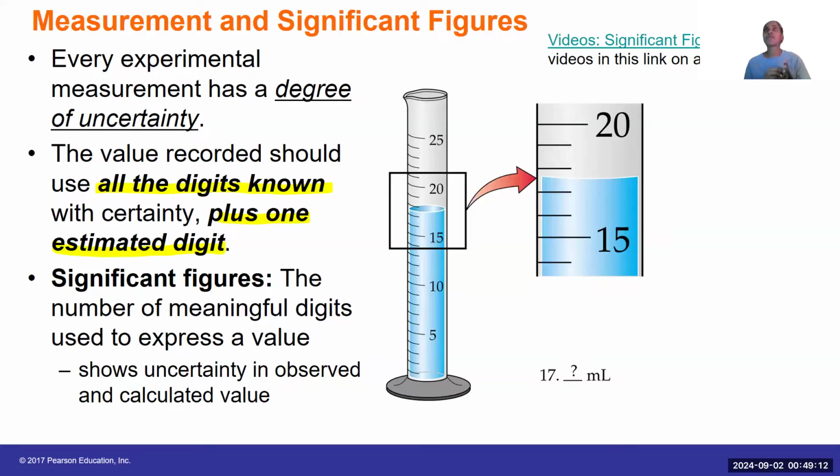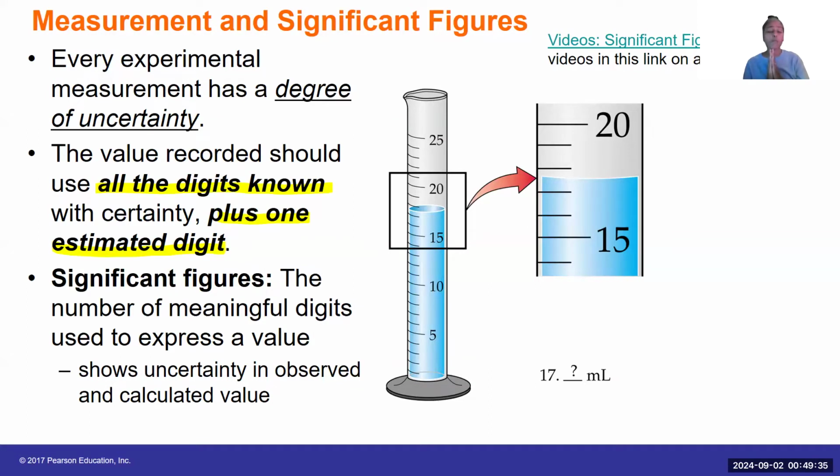So anytime you see a value in a problem that has a unit next to it, 5 grams, 5 milligrams, 5 kilograms, right? Know that that was measured by an instrument. And the value that you see written is based on the precision of that instrument.